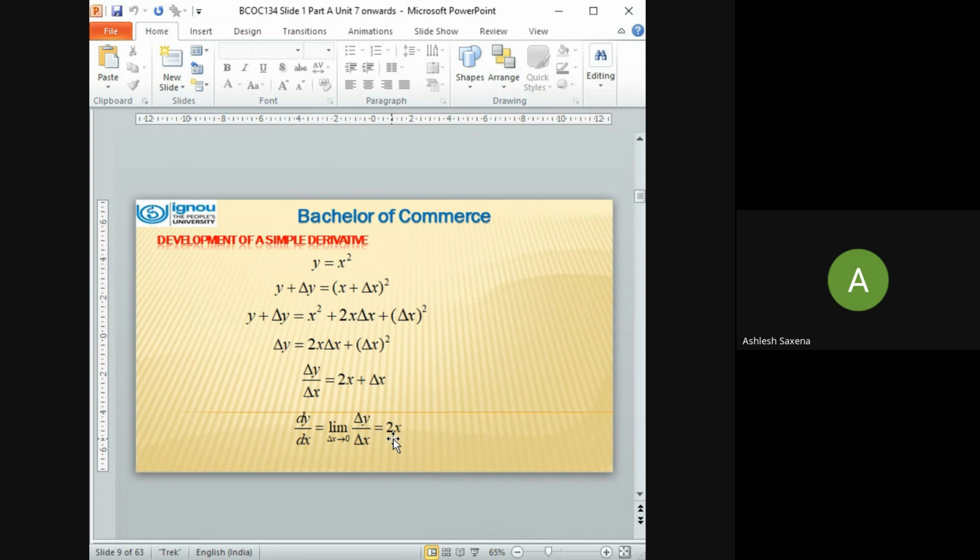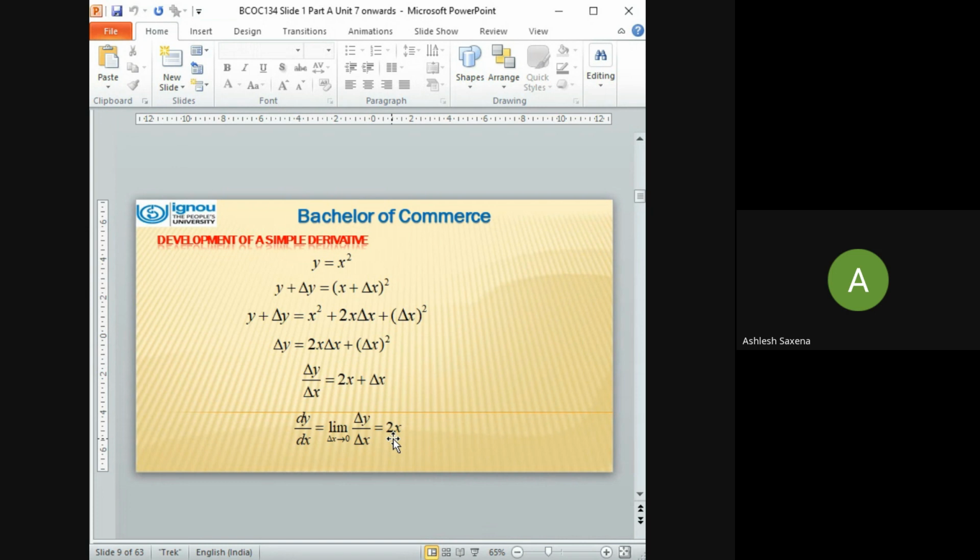You can see how the first principle is applied to find the derivative of y equal to x square. I'm just repeating it once again. We are adding small increments on y as well as on x. So y will become y plus delta y and x will become x plus delta x.